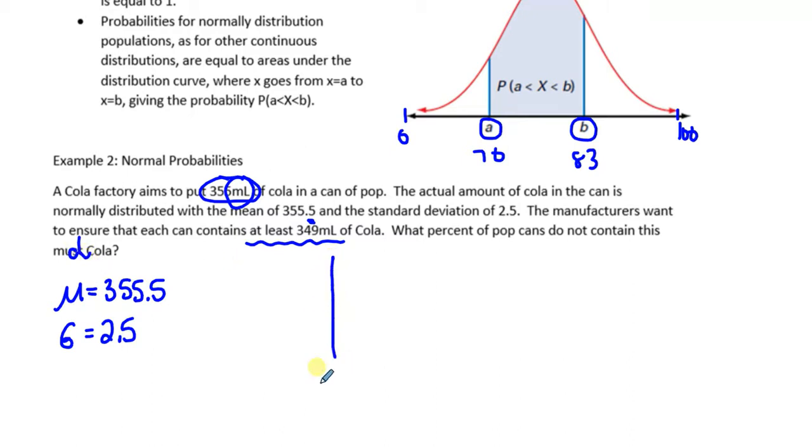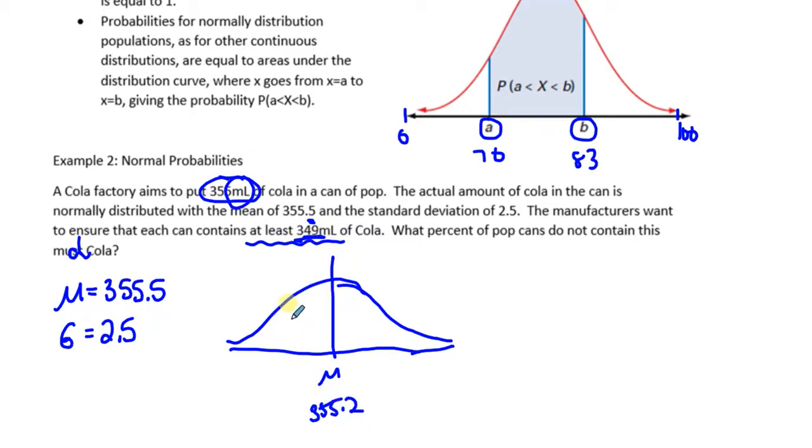What I would do first is draw my normal distribution. In the middle, that's always mu, so we have 355.5, and our cutoff here is 349.